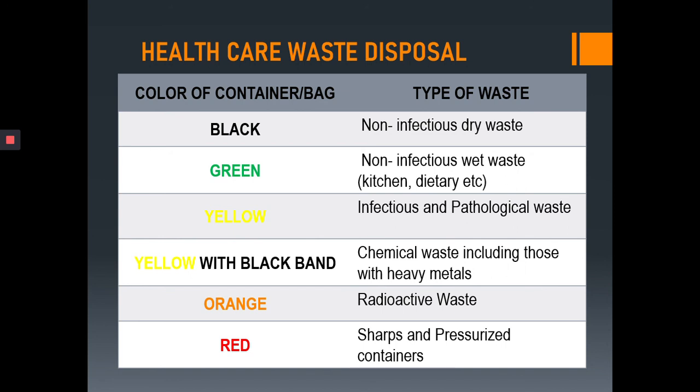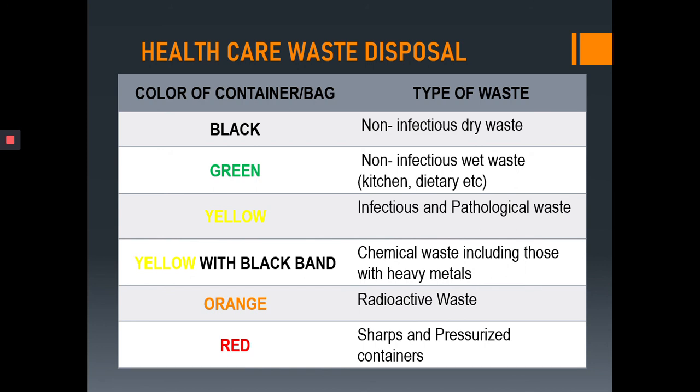Yellow containers or bags, infectious and pathological waste. Examples are cottons with blood, or cottons used for blood collection, band-aids, gauze with visible blood. Those are examples of infectious or pathological waste.